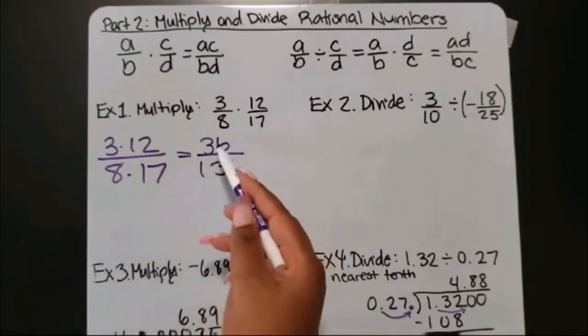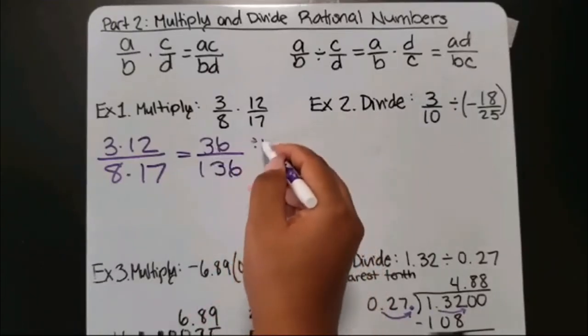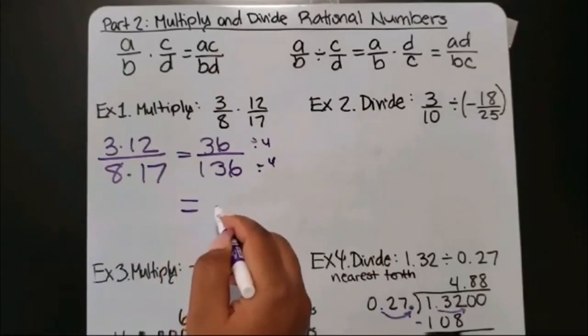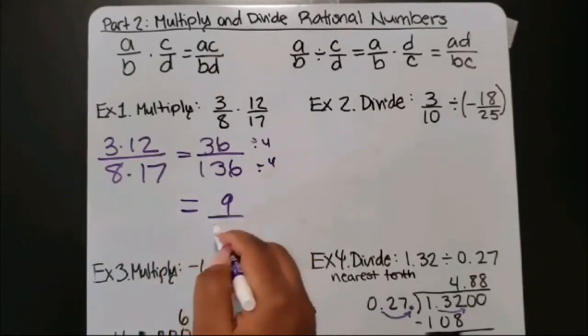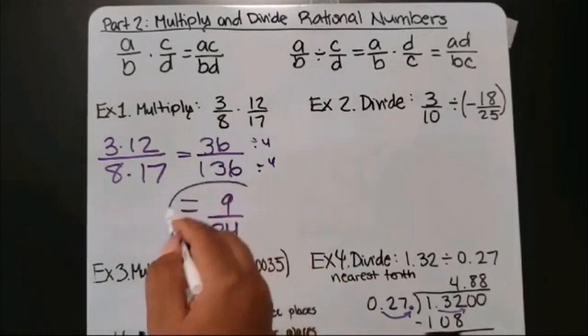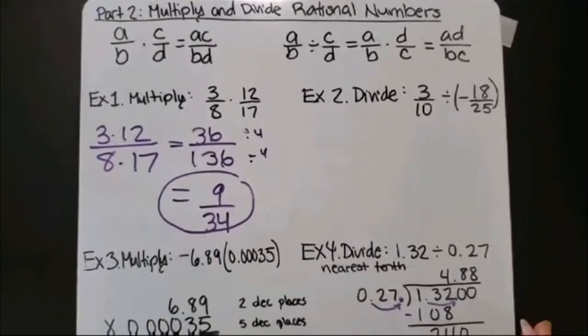So if we divide the top and the bottom by 4, we can get 9 over 34, and this will be our final answer, fully simplified, okay?